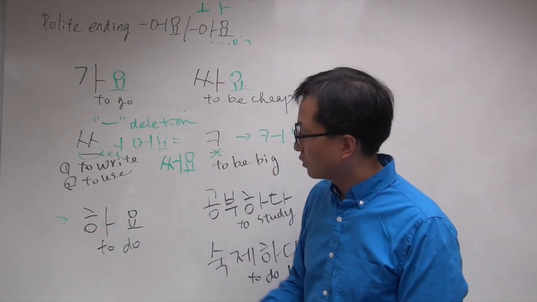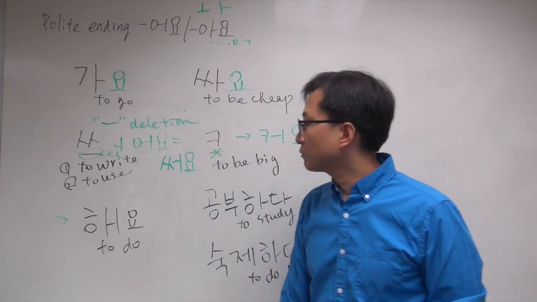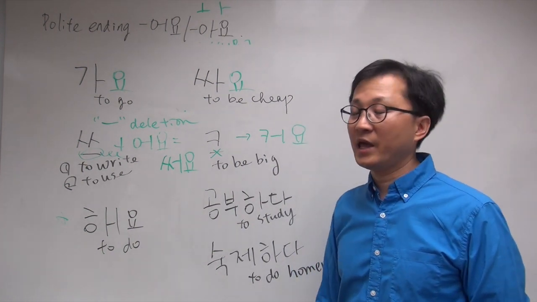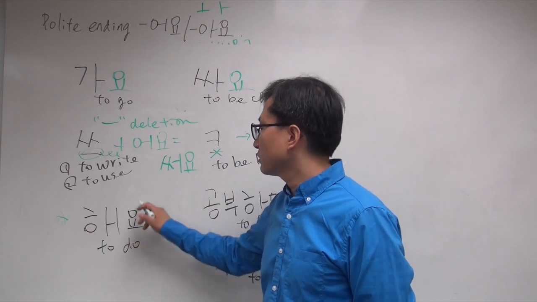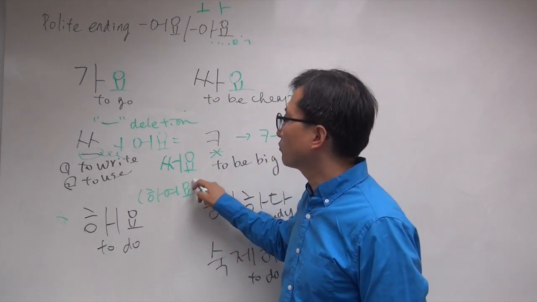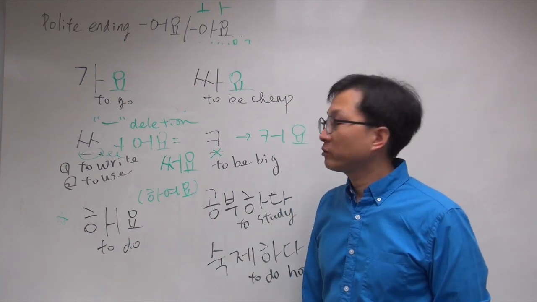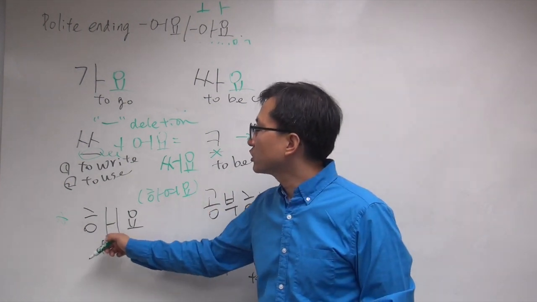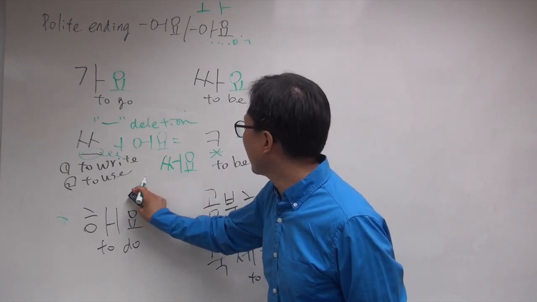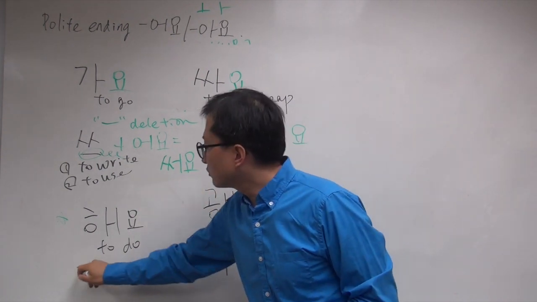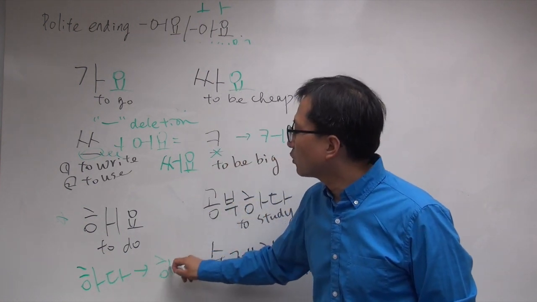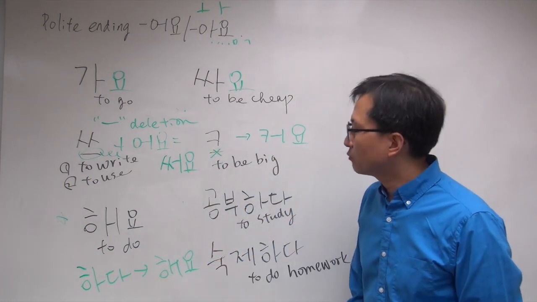In the case of 하다, we conjugate it into 해요. Actually, its original form is 하여요. It's an old form, but in contemporary Korean, we generally say 해요. So just remember this 해요 form. The 어요 form of 하다 is 해요.